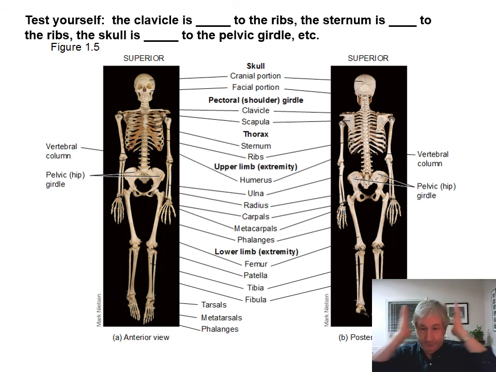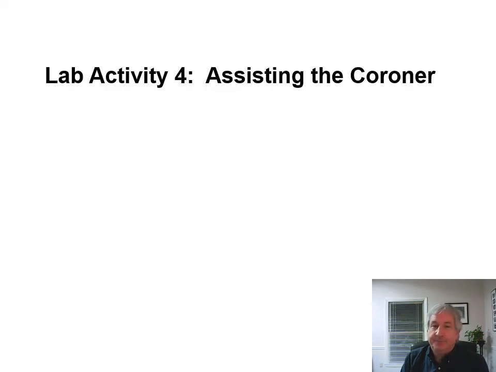So the skull is superior to those. So you can test yourself. Just pick any two things and say, is it superior or inferior? Is it superficial or deep? Is it anterior or posterior? Is it proximal or distal? So practice all those kinds of things using a diagram like this, or photographs like this. Next slide.